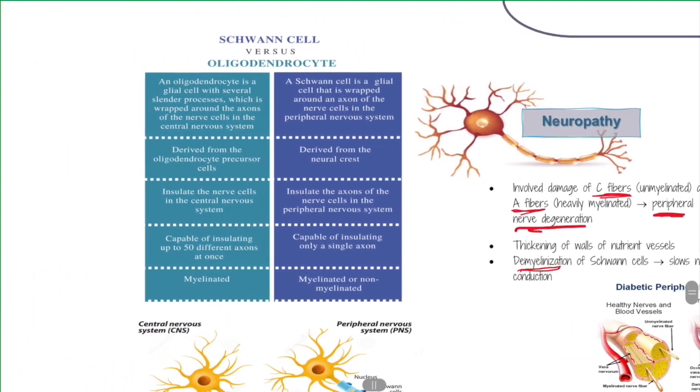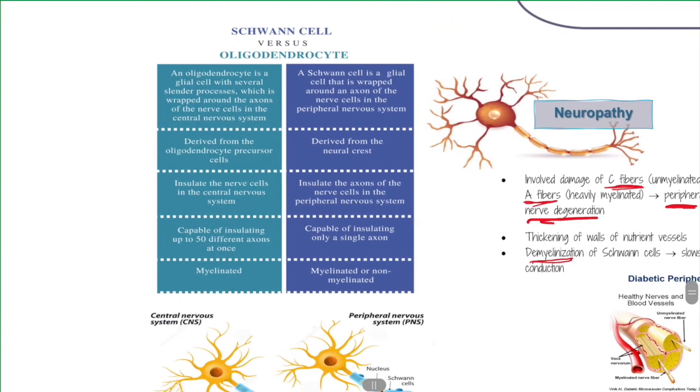I did put in this little thing here because these oligodendrocytes were coming up here and there when I was reading through, and I thought, okay, let's just make sure we know the difference between the two. They both are responsible for forming or shaping the myelin sheath. They just do it a little differently and in different areas. I said earlier that the Schwann cell deals with the peripheral nervous system.